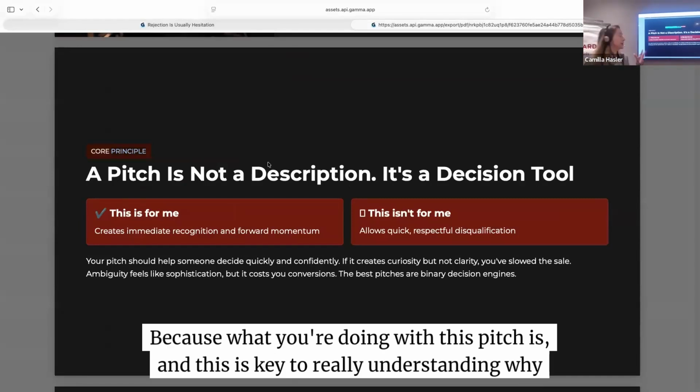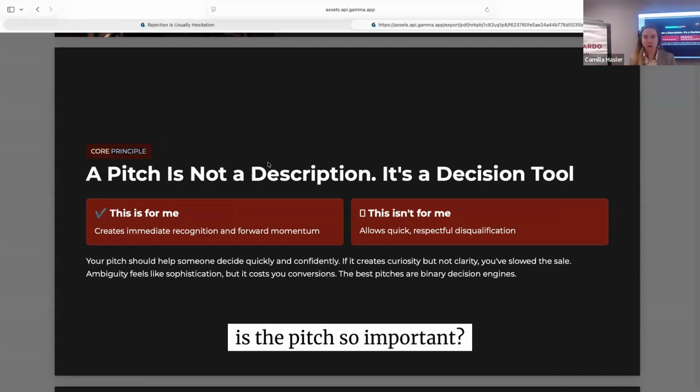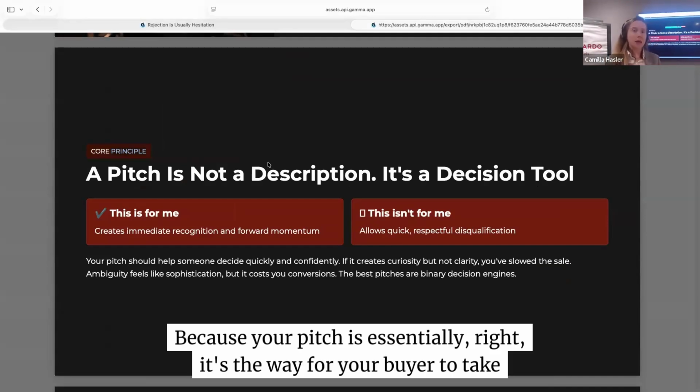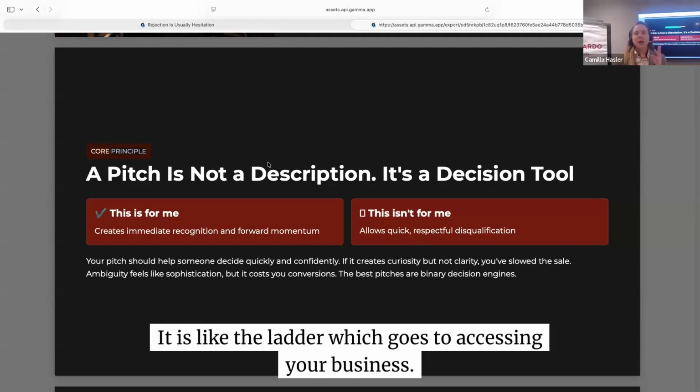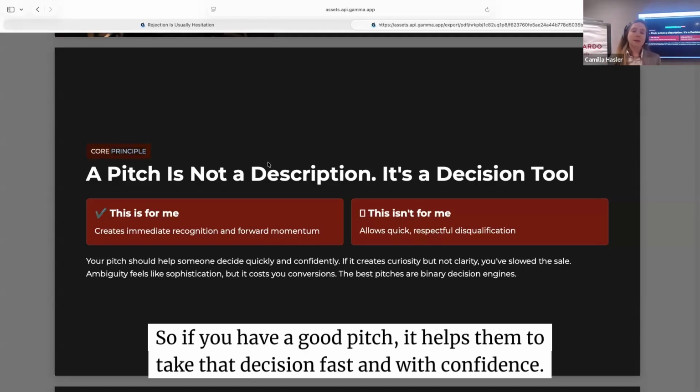Because what you're doing with this pitch is, and this is key to really understanding why the pitch is so important, your pitch is essentially the way for your buyer to take that step to work with you. It is like the ladder which goes to accessing your business. So if you have a good pitch, it helps them to take that decision fast and with confidence.